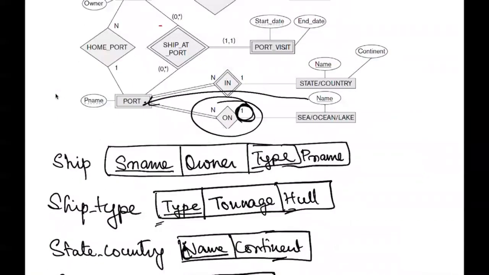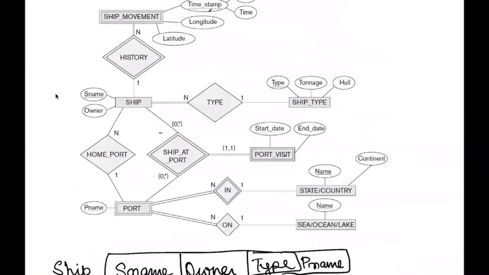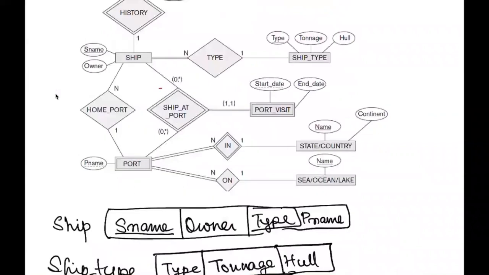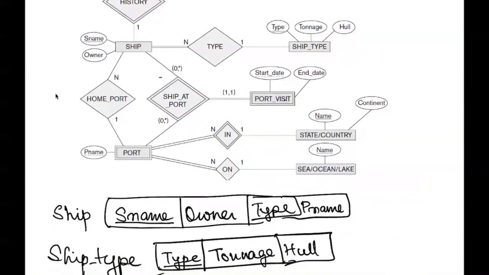So all our 1:n relations are taken care of, right? All we are left with is this ternary relation, ship at port. It is a ternary relation because it is a relationship between three entities: ship, port and port visit.